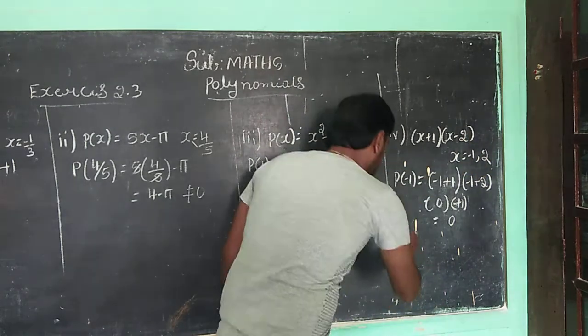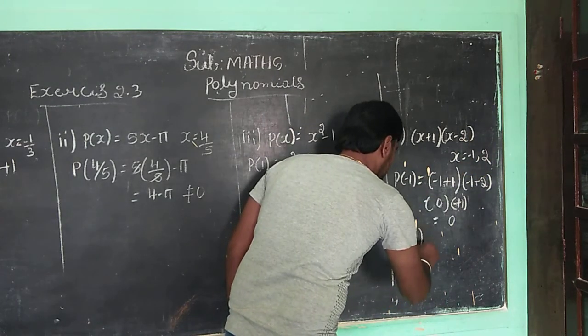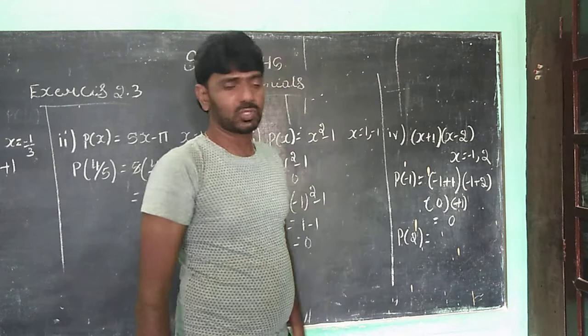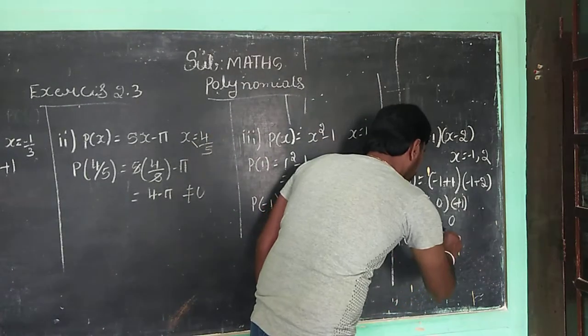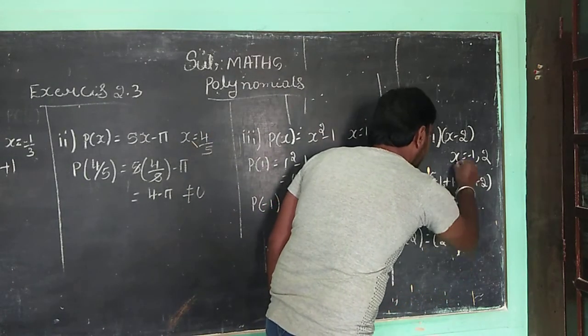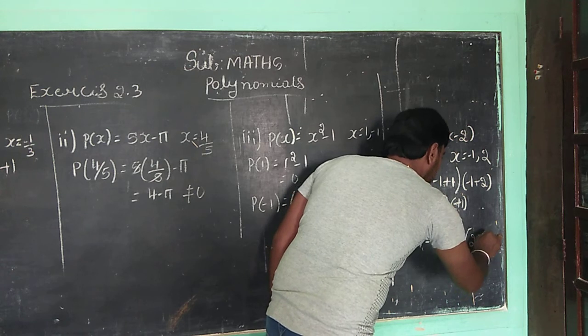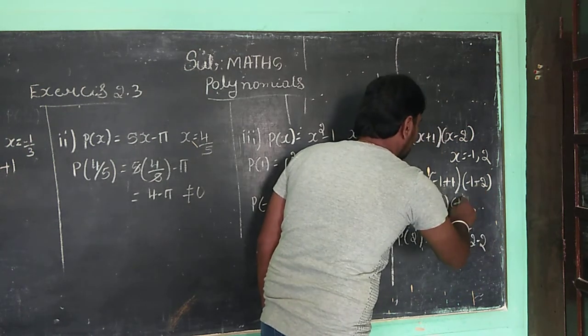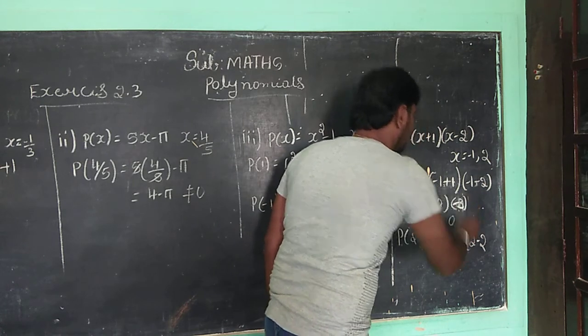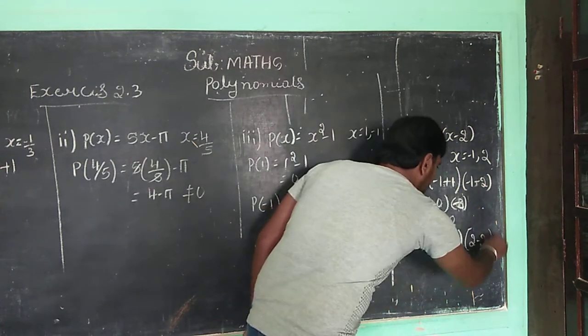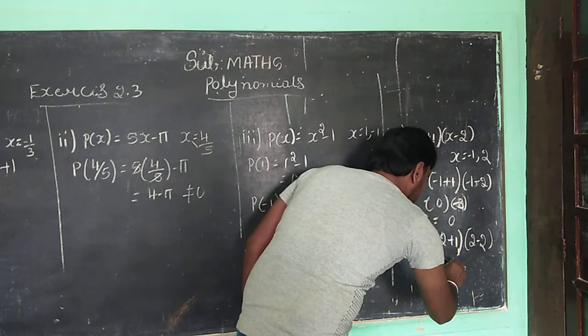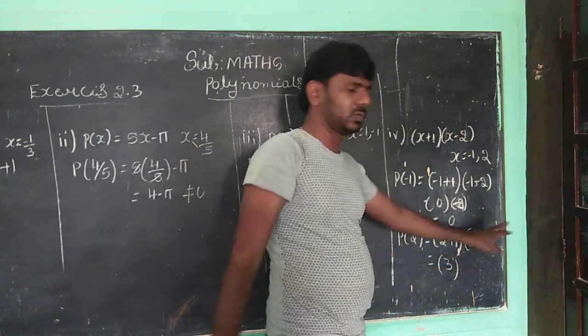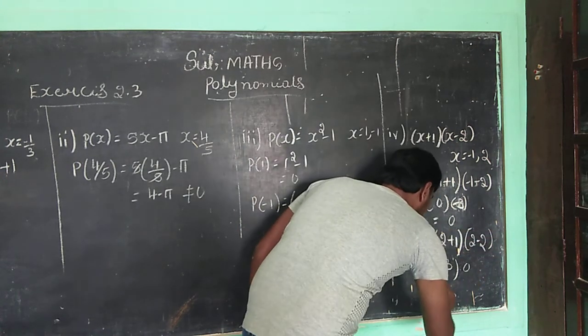P of 2: in x place we substitute 2 plus 1 and then 2 minus 2. 2 plus 1 is equal to 3, 2 minus 2 is equal to 0. So this is also 0.